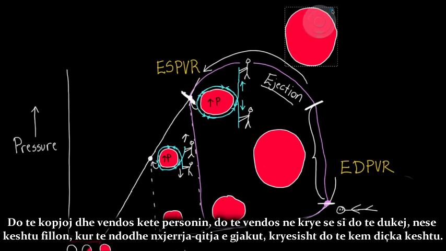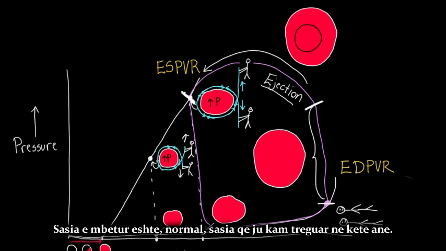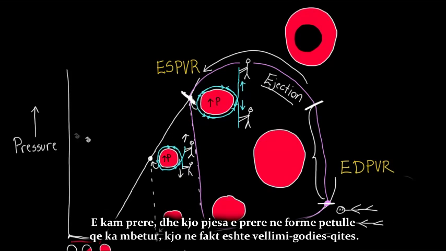If this is how I start out, then when I eject blood, you're going to have an amount that goes away and an amount that's left behind. The amount that's left behind is the amount that I showed you on the side. And I'm cutting it out, and this donut hole shape that's left, this is actually our stroke volume.